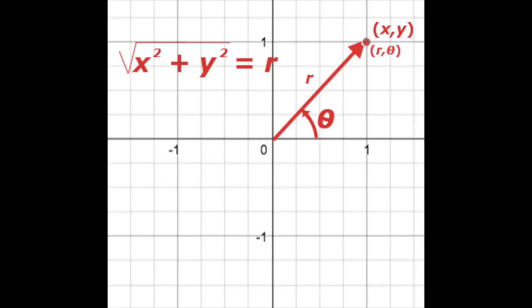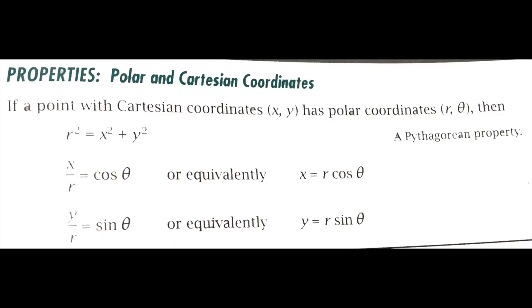The other thing you know is that x over r is equal to the cosine of theta, and y over r is equal to the sine of theta. So if we multiply both sides by r, x is equal to r cosine theta, and y is equal to r sine theta, which means if you know x and y, you can get r, and if you know x, y, and r, you can get theta.